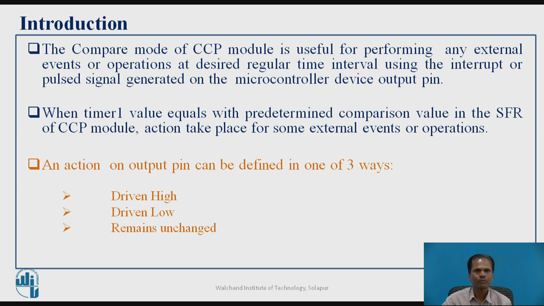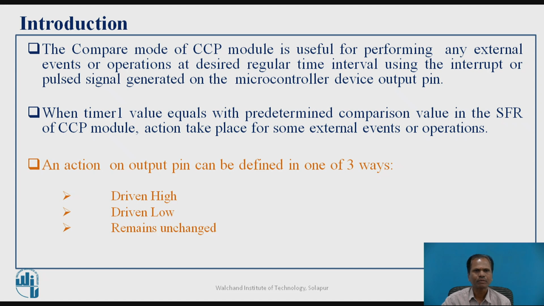The compare mode of the CCP module is useful for performing external operations or events at a desired, regular time interval, using an interrupt signal or a pulsed signal that is generated on the microcontroller device output pin.